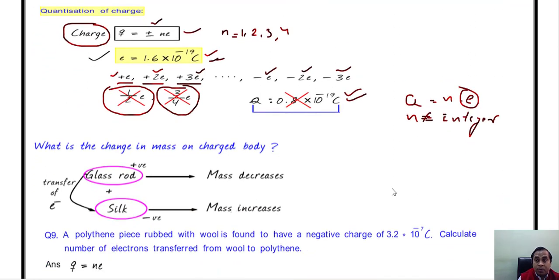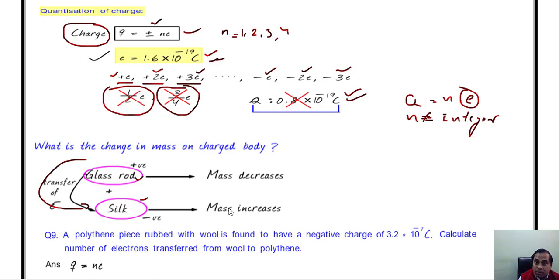Now look, one more thing. Suppose you are rubbing a glass rod with silk cloth, and in the process of rubbing, the glass rod is giving up some electrons. The transfer of electrons has taken place from the glass rod to silk. So because positive charge has been delivered, this silk is gaining some electrons.